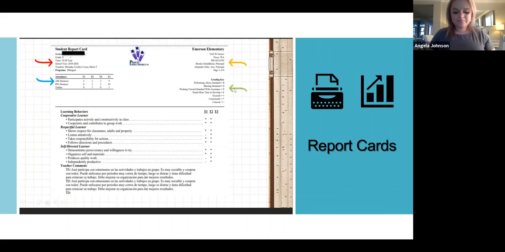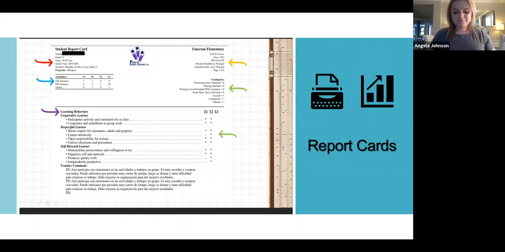We have the grading key. This part is important because we show how we grade the standards with numbers, but the learning behaviors are graded with symbols. So you can see how the parents can understand, even if the teacher cannot explain it in person.